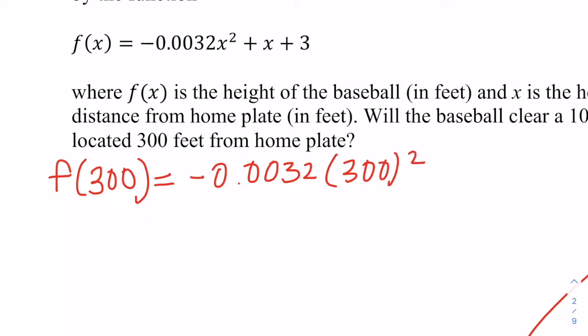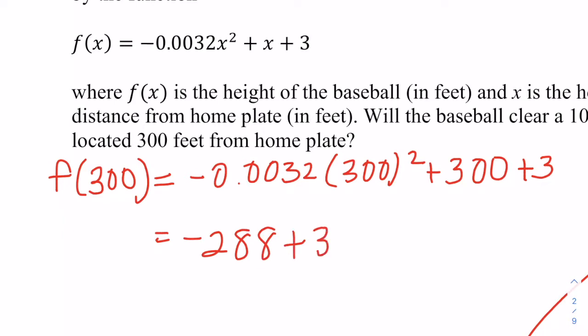So when I plug in 300 for x in the equation, this will simplify into negative 288, and the y value will equal 15. And remember, the fence is only 10 feet high, so yes, this baseball will definitely clear the fence.